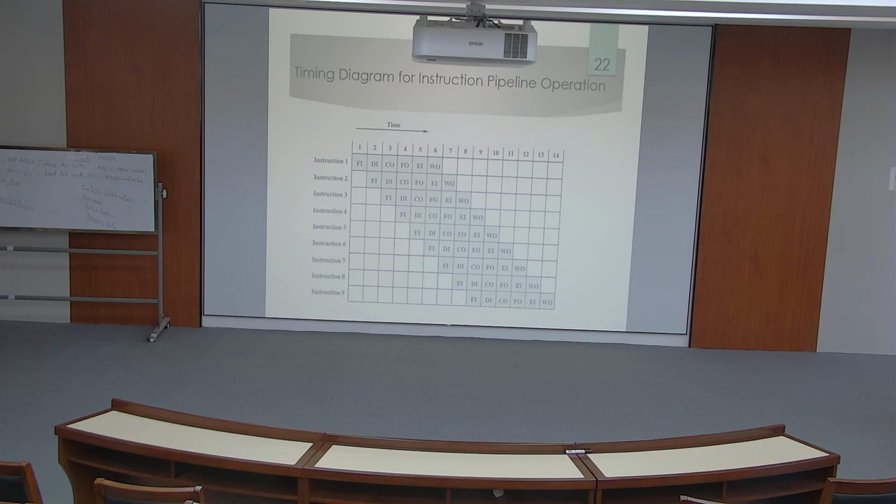Instruction number 6 will be in decode instruction. Then instruction number 7 will start fetching instruction, and so on and so on. So this allows our microprocessor to execute multiple instructions during the same clock cycle, during the same time.